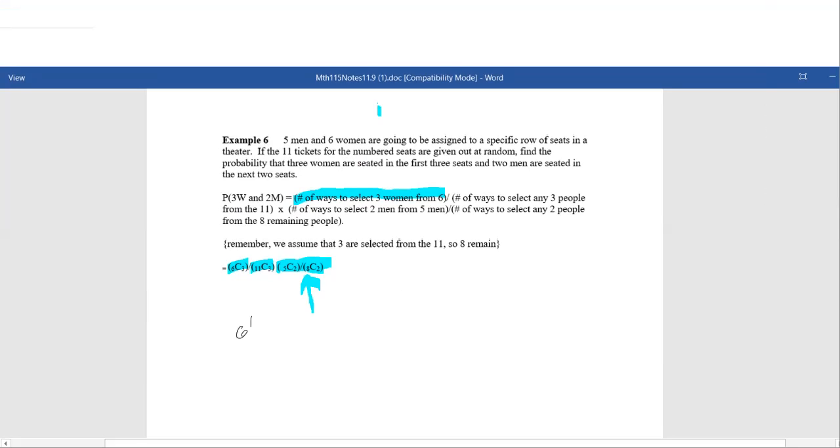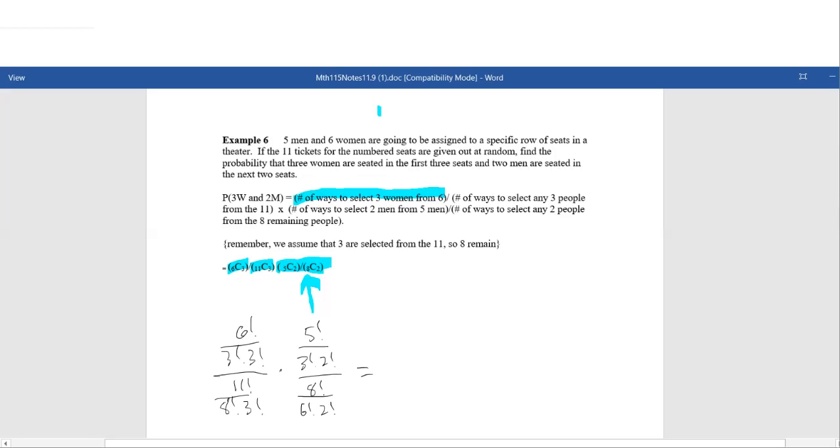We got 6 factorial over 3 factorial, 3 factorial, over 11 factorial over 8 factorial, 3 factorial, times 5 factorial over 3 factorial, 2 factorial, over 8 factorial over 6 factorial and 2 factorial.